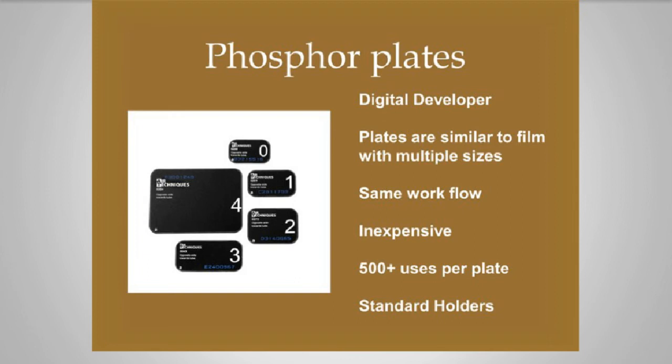These things do wear out, and they do scratch, so you have to be somewhat careful with them. But it's a lot different here. These phosphor plates are somewhere in the neighborhood of $20 a piece. They're not like a digital sensor, which is going to run thousands of dollars to replace. And this might be a very easy way to get started into digital radiography. You can just do what you're doing, and like I said, just consider it the digital developer.